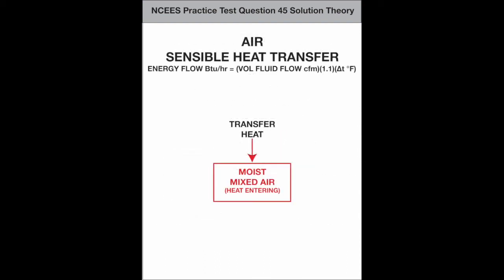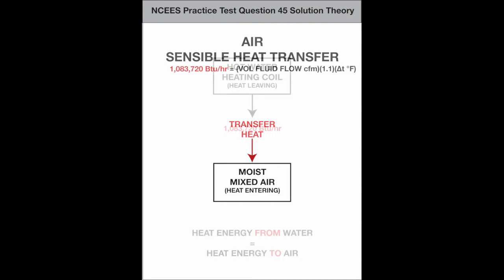Now you have everything needed for the sensible heat equation. Energy flow in BTU per hour is equal to 10,000 CFM times 1.1 times 160 minus 61.48. This is 1,083,720 BTU per hour, which represents the amount of heat transferred into the air.